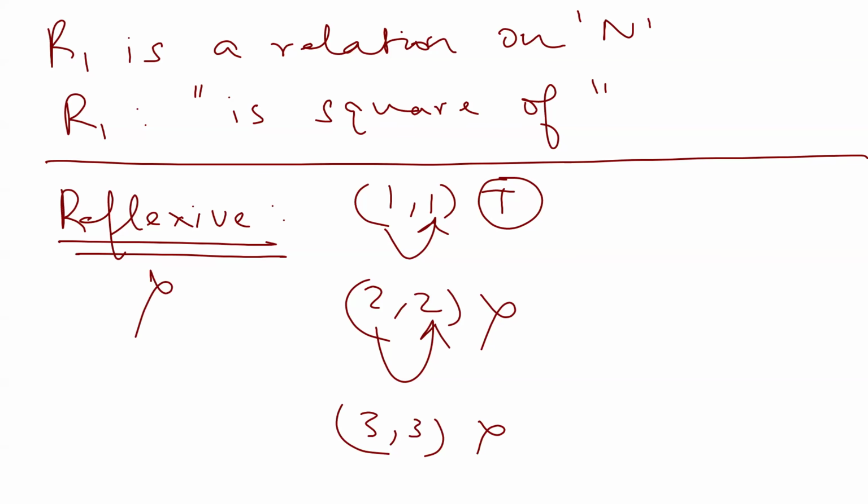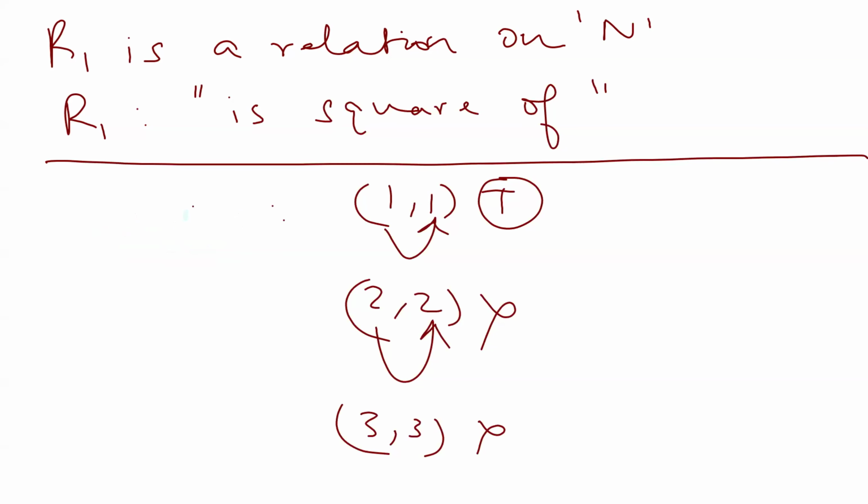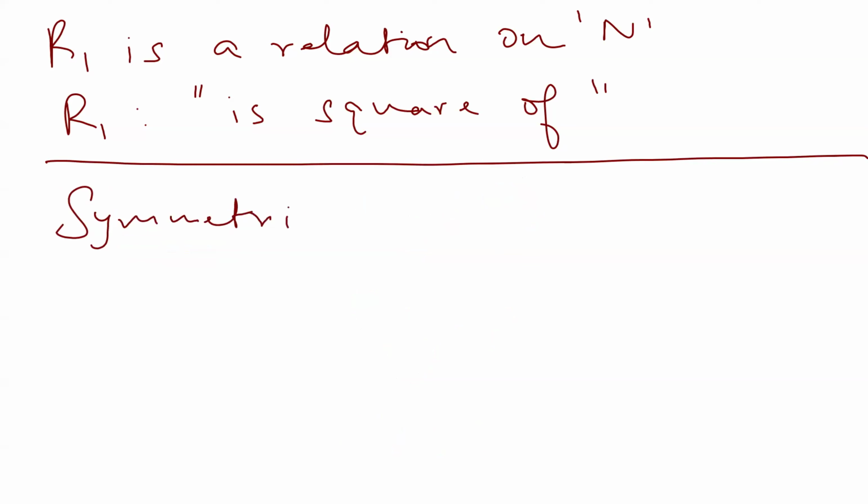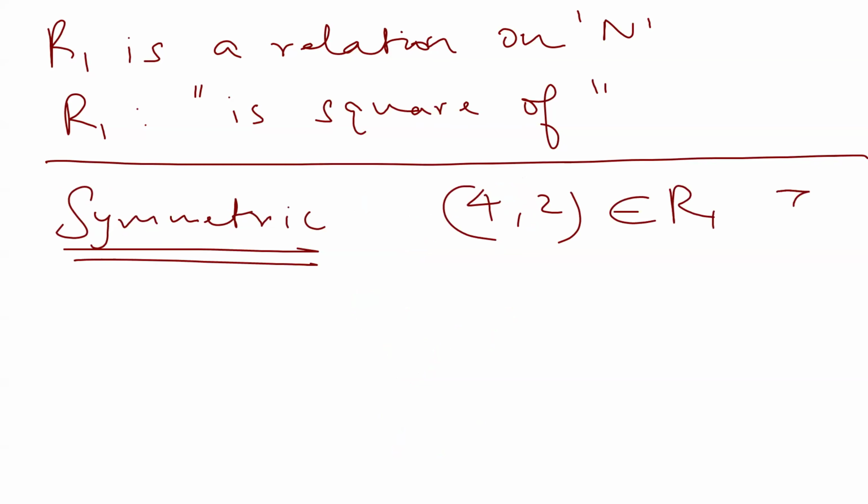Now we'll discuss symmetric. Now 4 is a square of 2. This is very true and belongs to R1. Just reverse this, (2, 4).